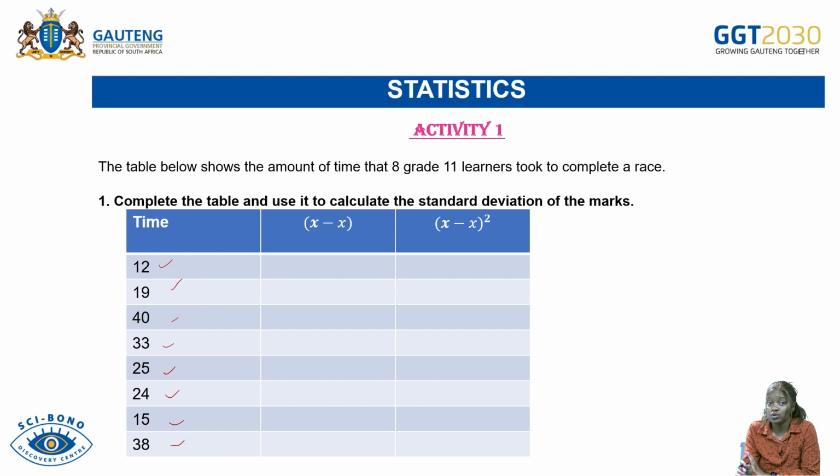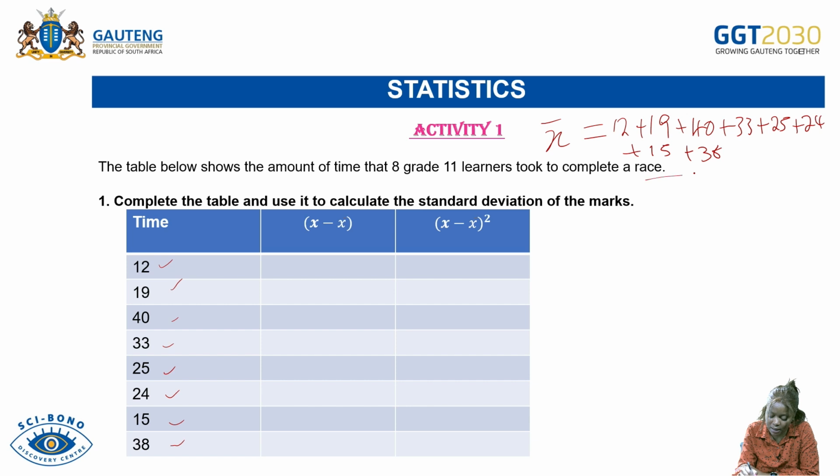Remember, I said to you, you need a mean so that you can find your standard deviation manually, right? So before I can do anything, I need to find my x bar. Your x bar is equal to, remember, you add everything and then you divide by the total. So it is going to be 12 plus 19 plus 40 plus 33 plus 25 plus 24 plus 15 plus 38.